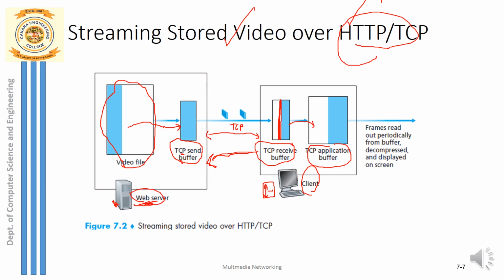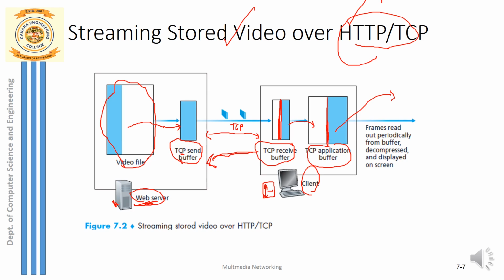Once this application buffer is getting filled up, you can see this application buffer is the one directly accessible to the user, and at the application buffer some portion of the bytes is definitely filled up.